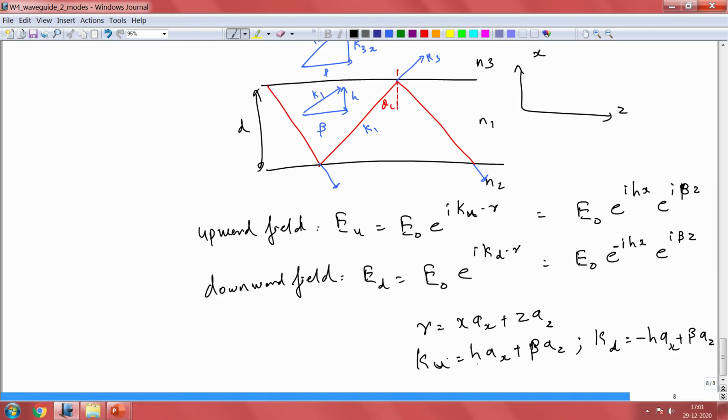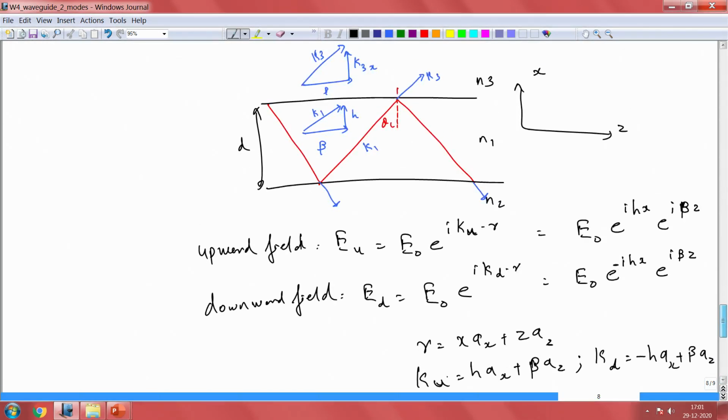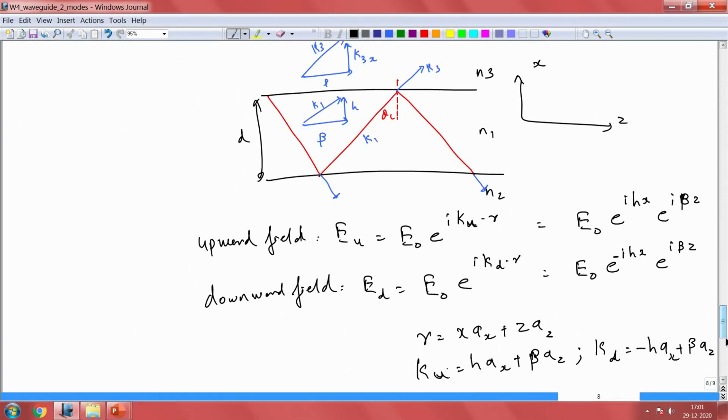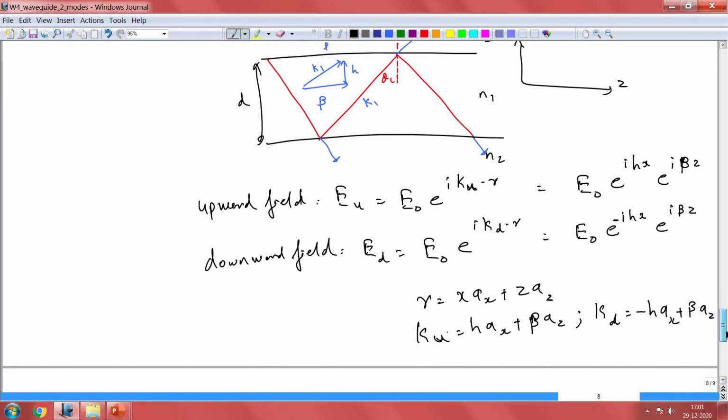All right. So, this is how one could represent a plane wave representation for this planar waveguide structure. It is useful when you are doing a very simple expansion and propagation here.